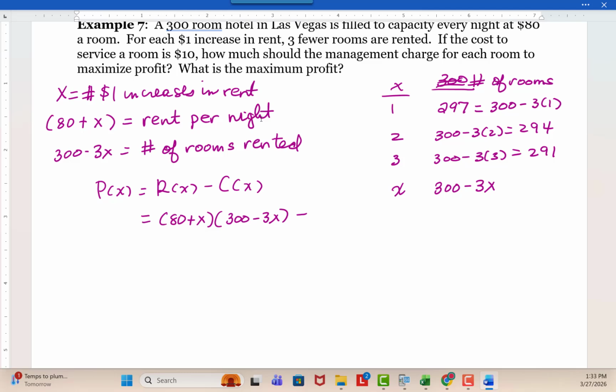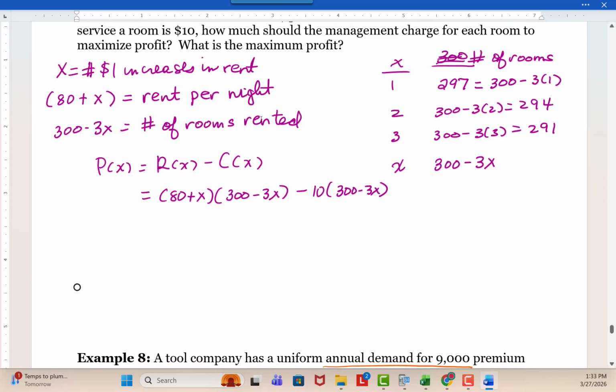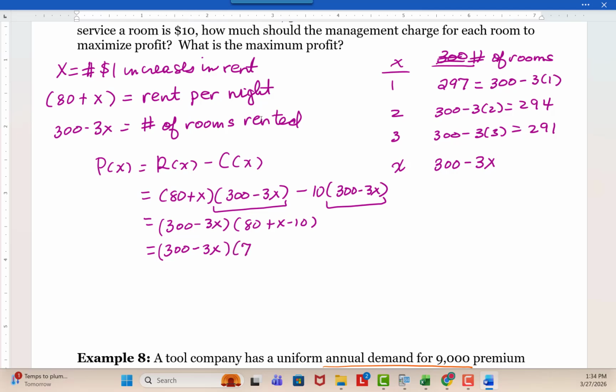So we're just going to take 10 and multiply it by the number of rooms that are rented, which is 300 minus 3x. We could multiply all of that out if we wanted to, or we could factor out this 300 minus 3x. That's going to leave me with 80 plus x minus 10, or 300 minus 3x times 70 plus x. That's my profit function.